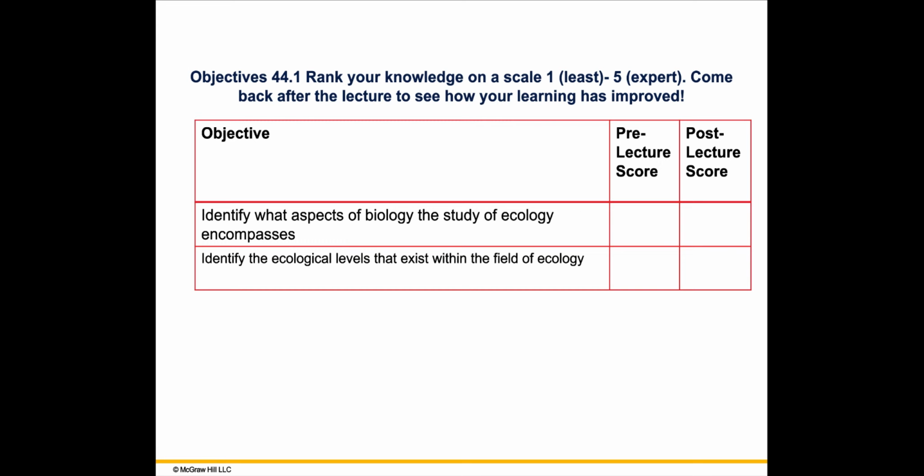The first section here is 44.1. We are going to identify the aspects of biology that are in ecology and then identify the ecological levels. So we talked previously about biological levels way back in chapter 1, but we stopped really at the one living organism. Now we're going to go beyond that.